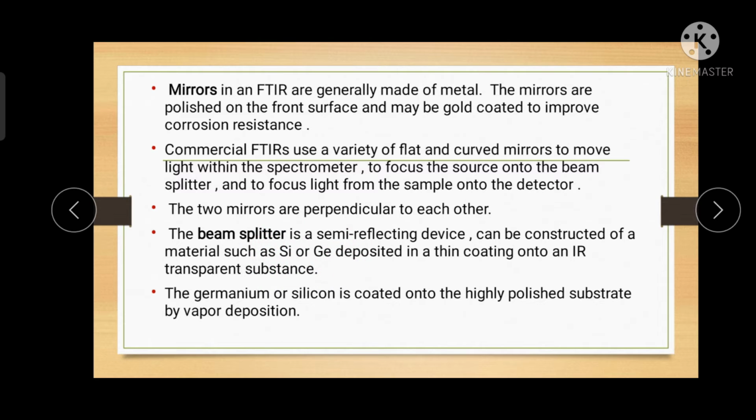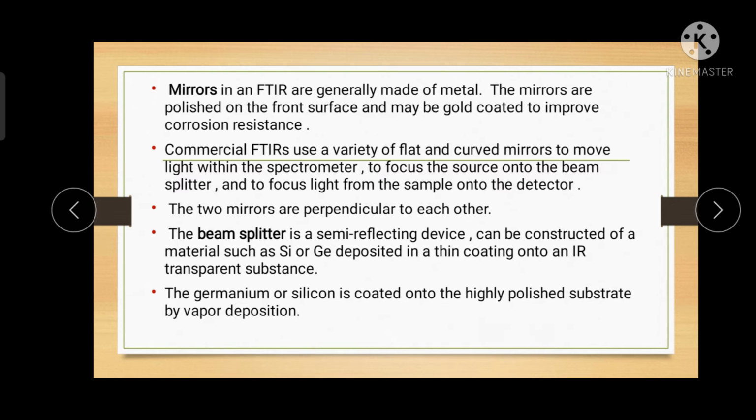These are all semiconductor materials, and the silicon or germanium is deposited with the help of thin film techniques as a coating onto the IR transparent substance. That means the substrate used for this thin film synthesis is an IR transparent substance. The germanium or silicon is coated onto the highly polished substrate by vapor deposition.